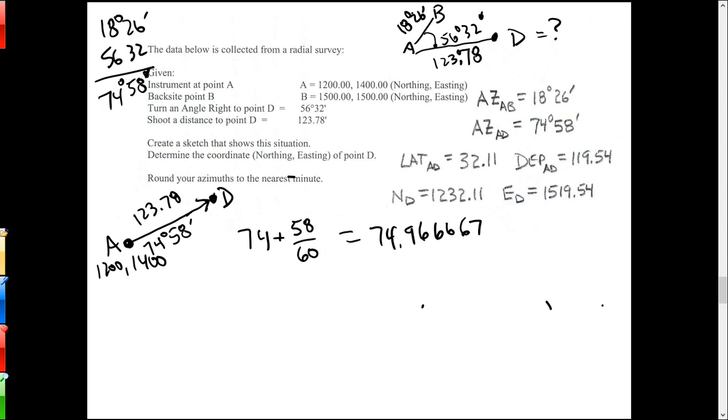And then what you're going to do to get your latitude, and this is right on the formula sheet, is you're going to take the cosine of that angle times the distance, 123.78.